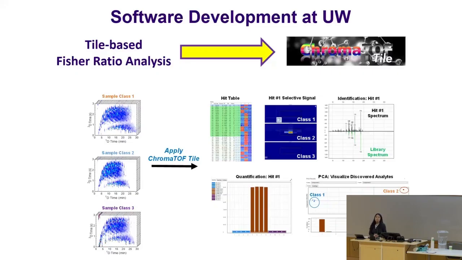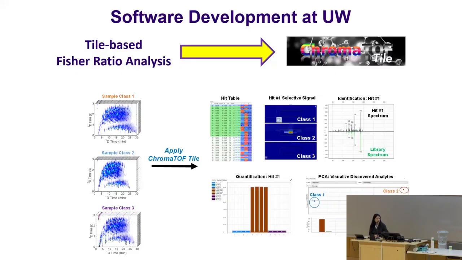After removing the artifacts, the column bleed, and the redundant hits, we can focus on the remaining hits for further identification and quantification. ChromaTOF Tile can also generate a PCA scores plot, providing a visual confirmation of the class separation.